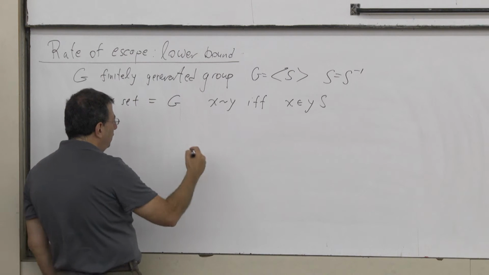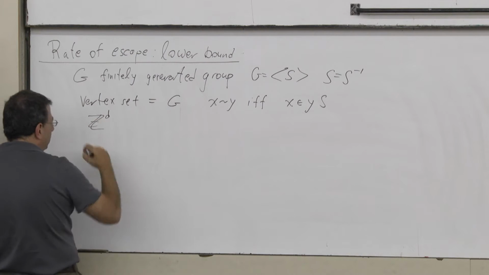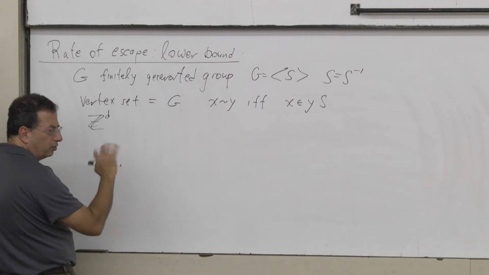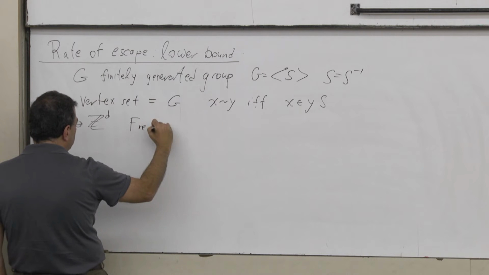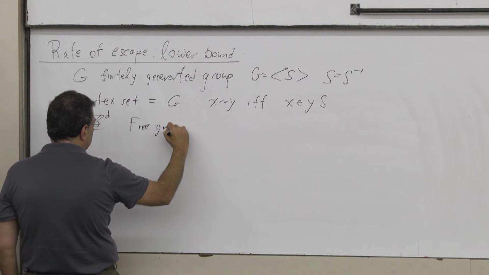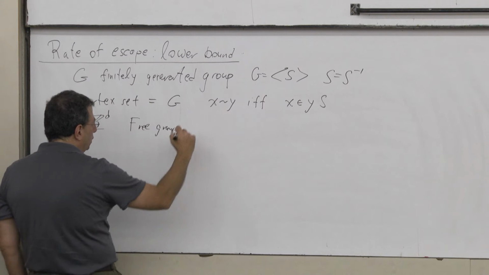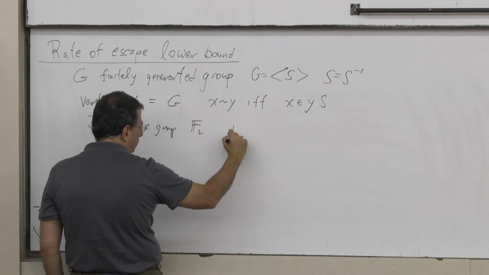So this is a Cayley graph, and of course the most standard examples would be Z^d with the standard basis and their negatives being generators, or a free group. So for instance, F2 with two generators.